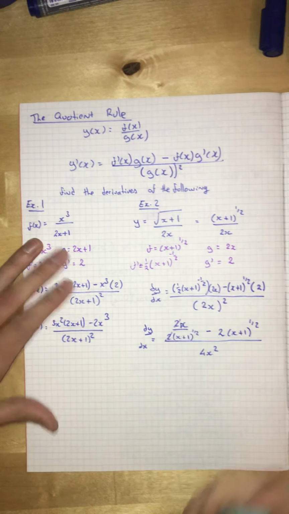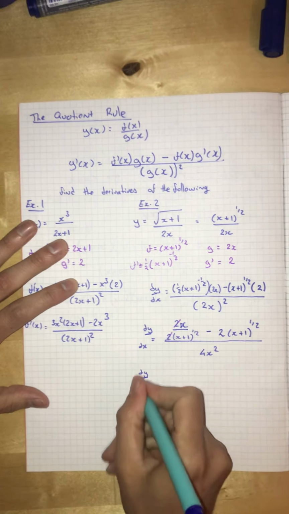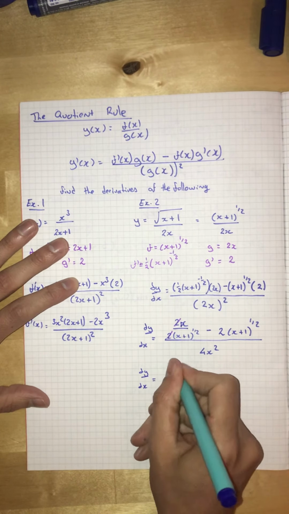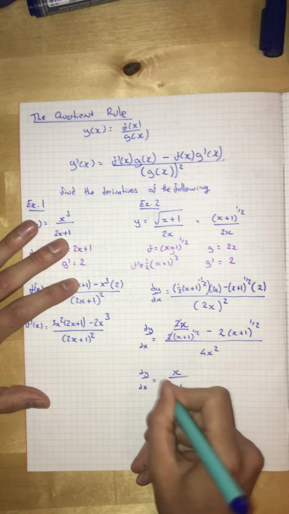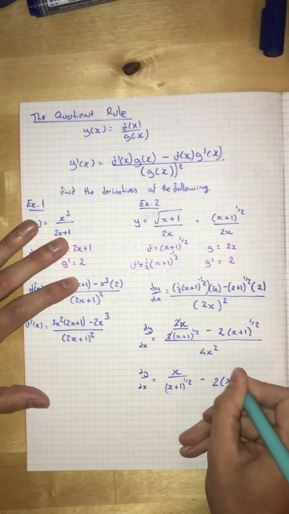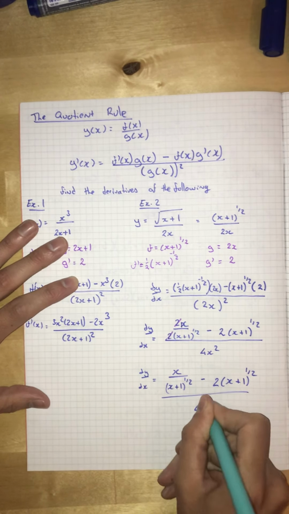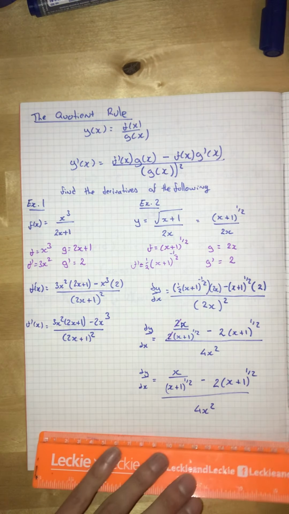That can cancel out. x over x plus 1 to the half minus 2 x plus 1 to the half, all over 4x squared.